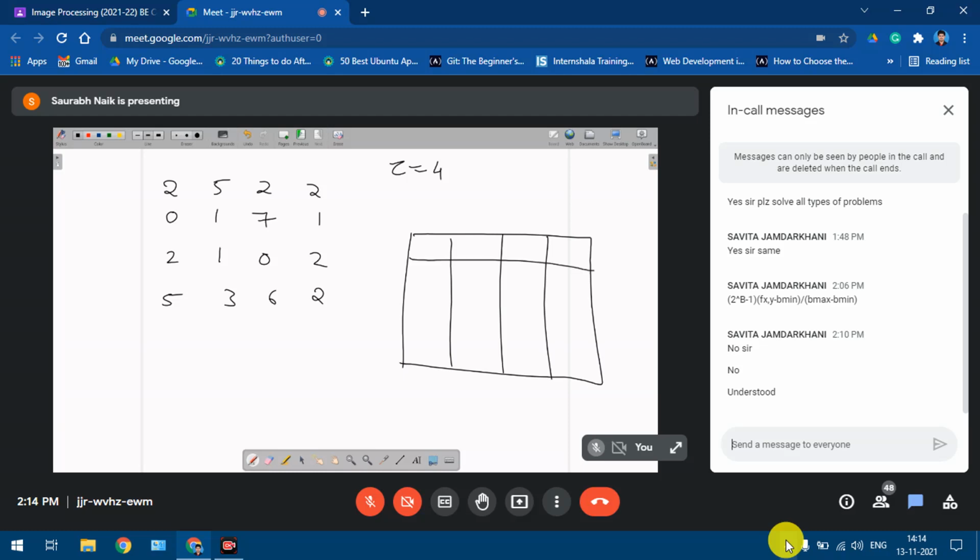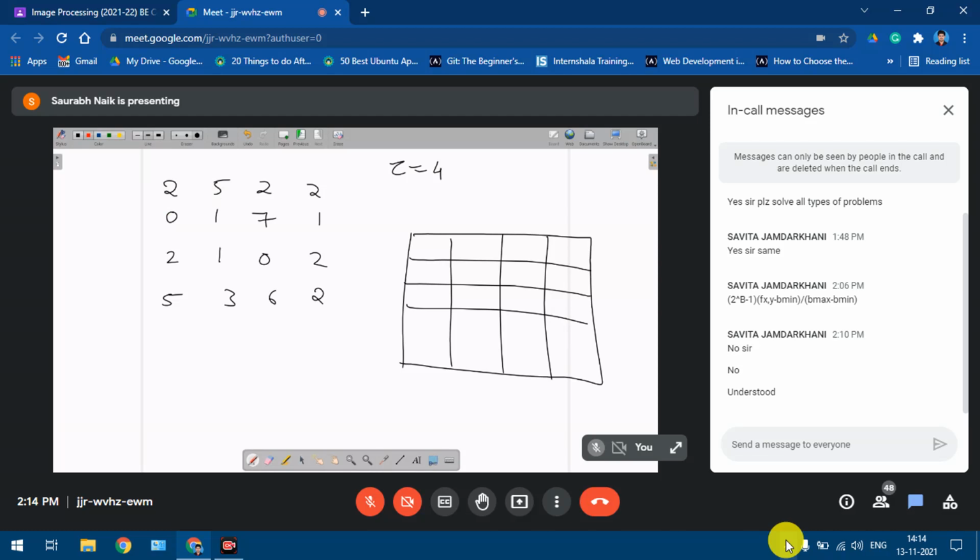Okay. So I have the value at 0, comma 0, which is the average of 0 and 5. Since this is the pixel, let's just consider it as a 4 neighborhood. So the average of 0 and 5 is going to come as 1.